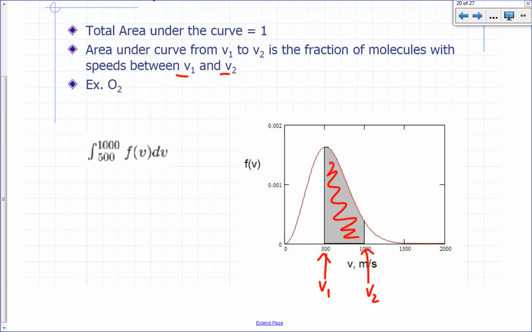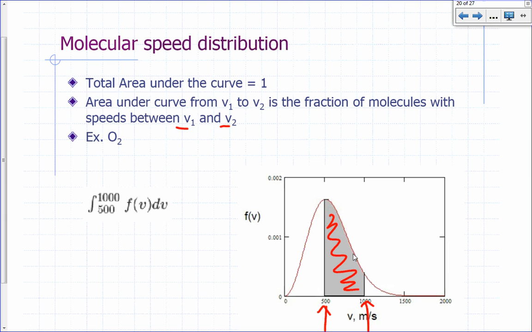That would be the fraction of the molecules with speeds between 500 and 1,000 meters per second. This particular curve is for oxygen at room temperature, 298 Kelvin. This is called the speed distribution function.